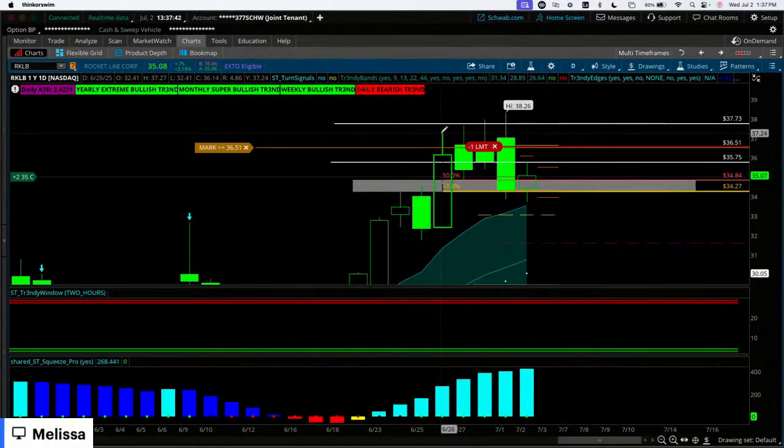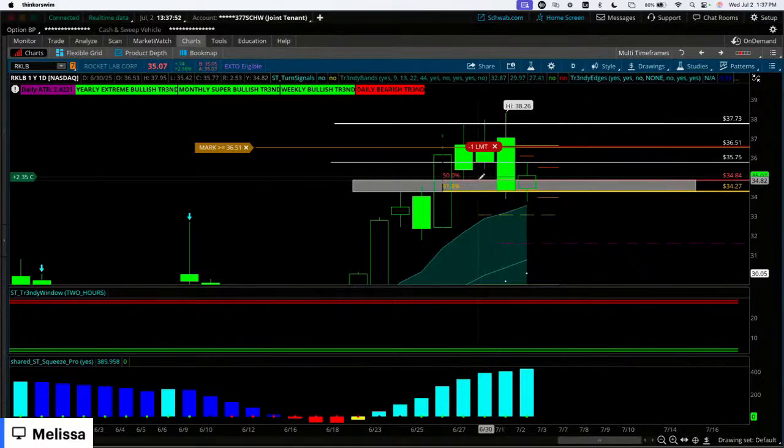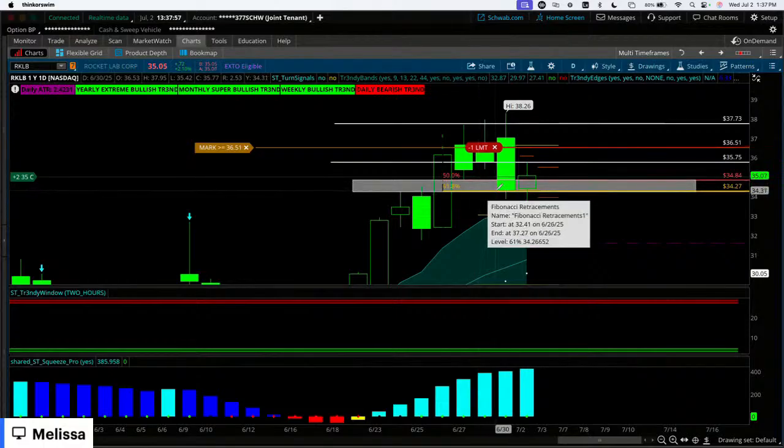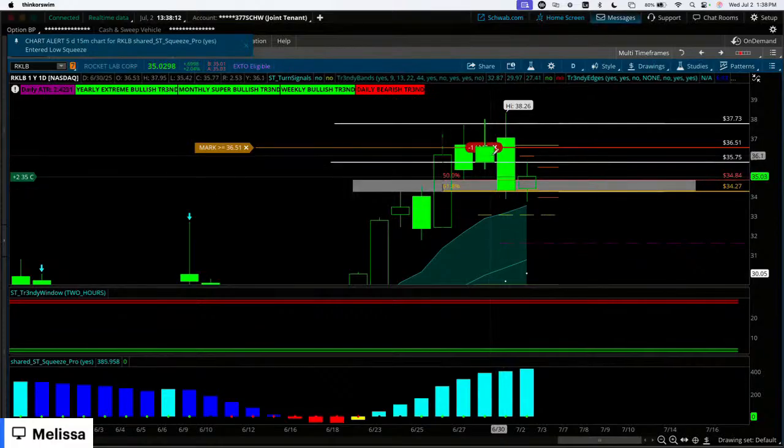On that big explosive candle, I identified the golden pocket here, and when we pulled back into that golden pocket yesterday, I went to a smaller time frame, waited for us to start making higher lows, and also got some Trendy Turn Signal. And the Momo indicator was giving me confirmation that the momentum was shifting from the downside back to bullish.